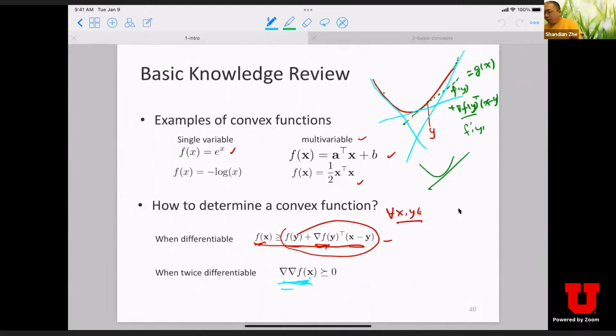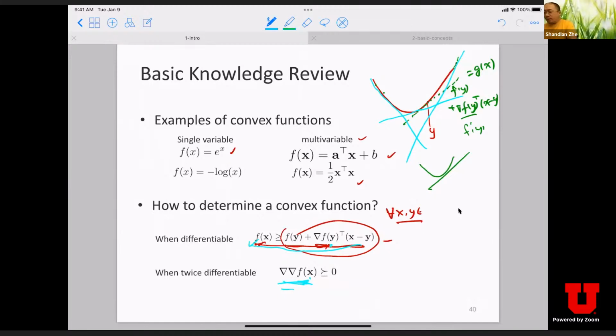So we talked about how to check if a given function is convex or not. The first sufficient condition is that, if for any x, y, you can show that f(x) is no less than f(y) plus the gradient of f evaluated at y, dot product with x minus y.